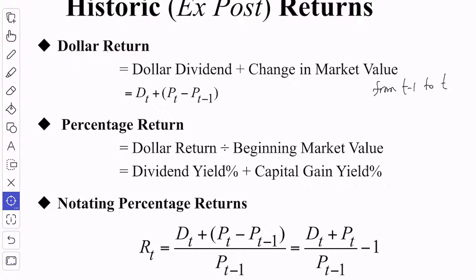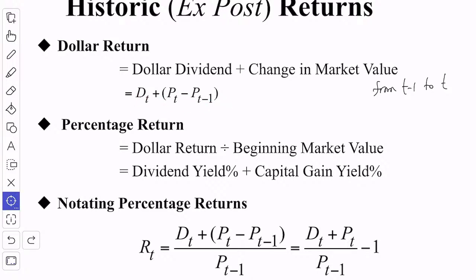So those together make your dollar return, but we don't work with absolutes. We work with percentage returns. So how do we make that a percentage? What we do is we take the new value minus the old value. Well, let me just say this. We take the change, we have to take this value and we have to scale it, make it relative to something.